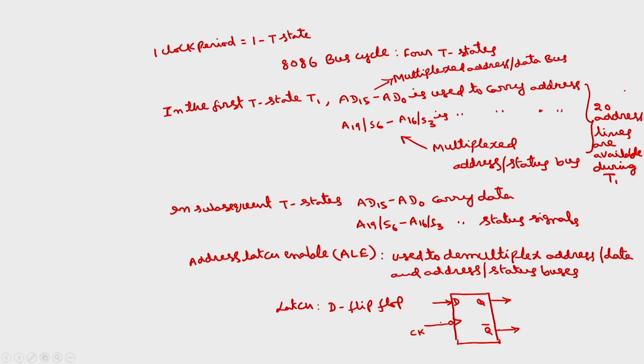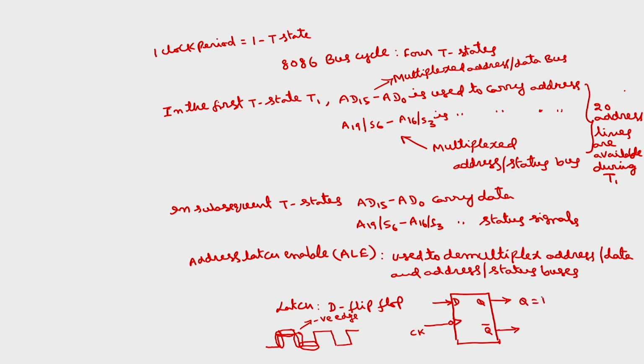If it is a negative edge triggered flip flop, then as I discussed in the last class, there are a total of 4 portions of the clock. This is the ideal clock: one positive edge, positive level, negative edge, negative level. This flip flop will be enabled during the negative edge. If I apply the clock signal, at the negative edge this flip flop will be enabled and whatever data is at D will be transferred to the output.